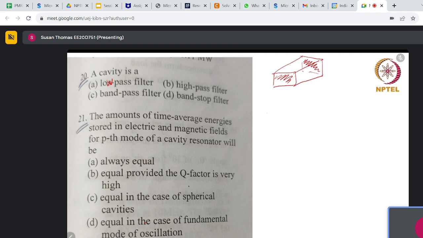So basically the waves are going to oscillate here back and forth. So that is called a cavity resonator. So the question here is what kind of a filter it is. This cavity is it a low pass, high pass, or band stop filter?